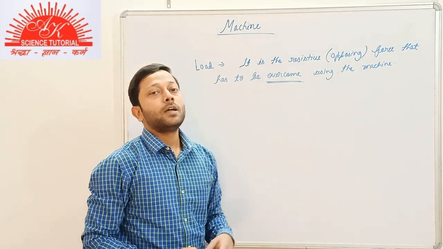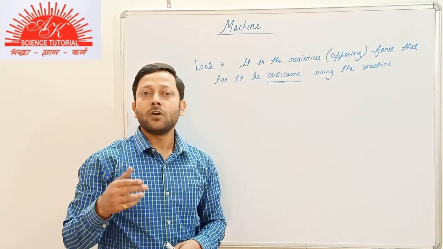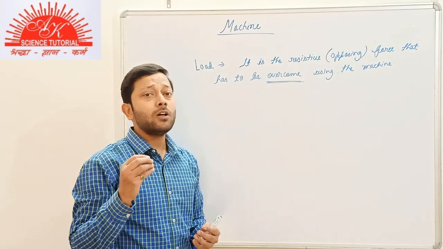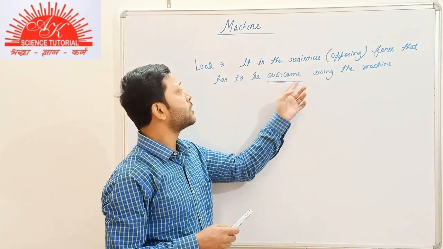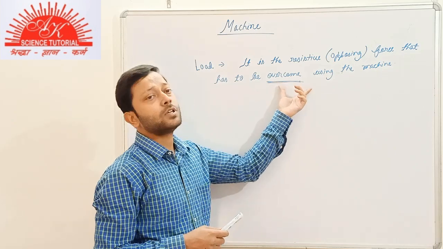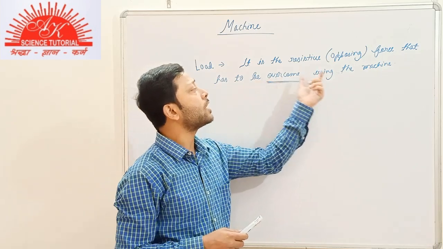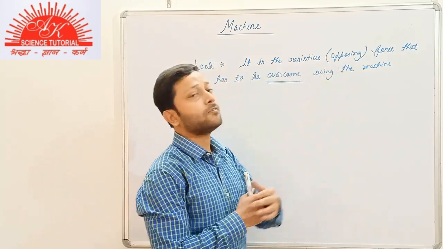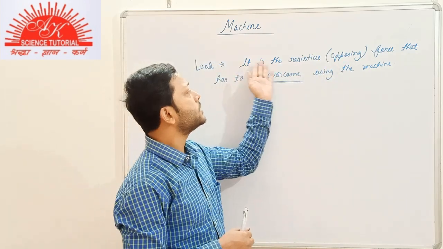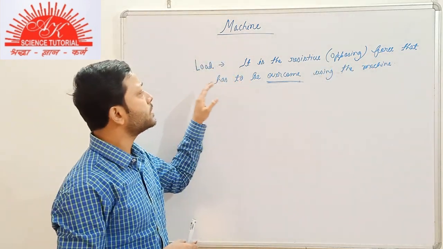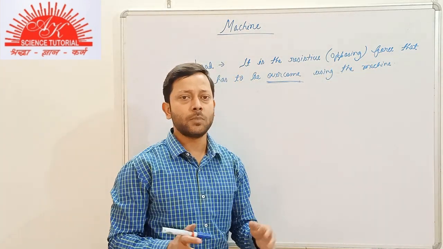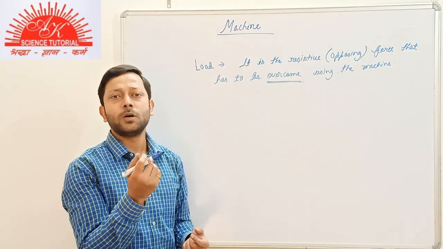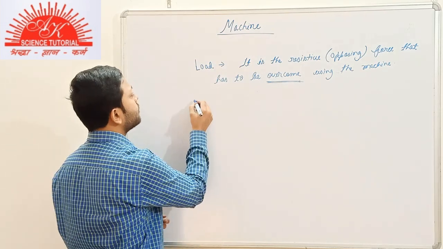Why? If you are cutting a paper, cutting a cloth, or raising a heavy load, all these are included. So we use the term overcome, overcoming the resistive force. So load is the resistive or opposing force that has to be overcome using any machine. Obviously, as it is a force, the SI unit for it must be Newton. You know about the SI unit for force.